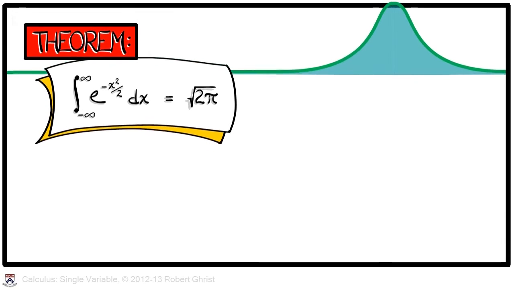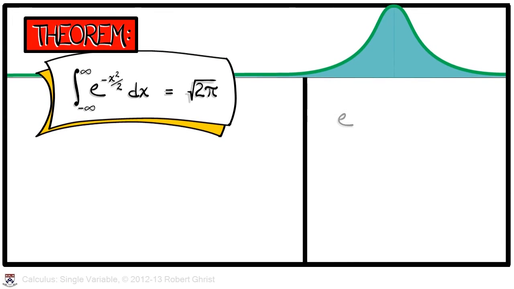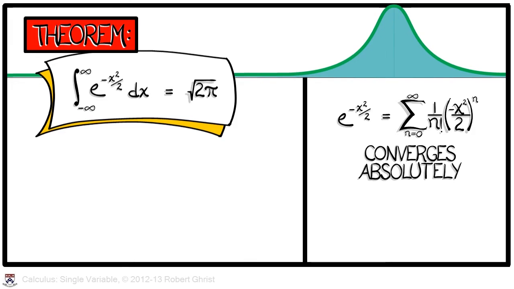Now we know from the standard expansion for e to the x that e to the minus x squared over 2 is the sum over n of 1 over n factorial times quantity negative x squared over 2 to the nth. We know that this converges absolutely, and because of that absolute convergence, we can integrate term by term.